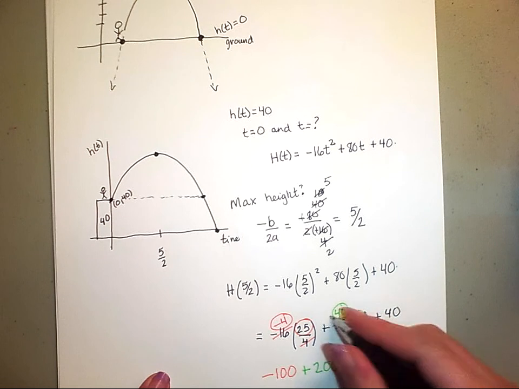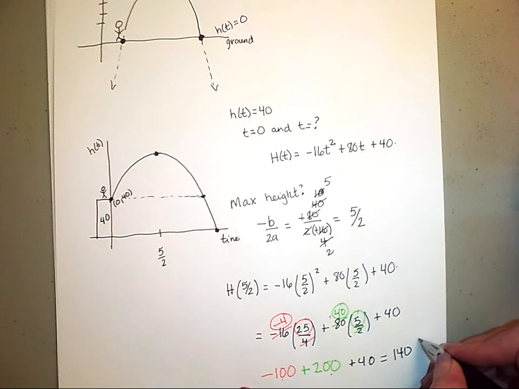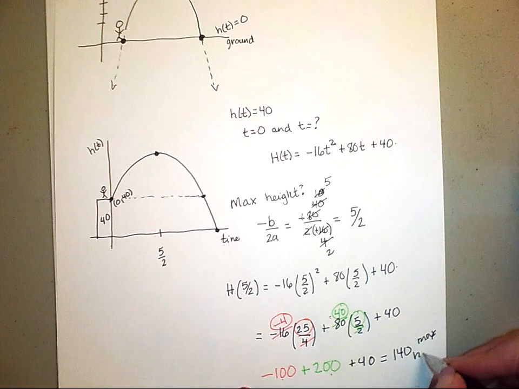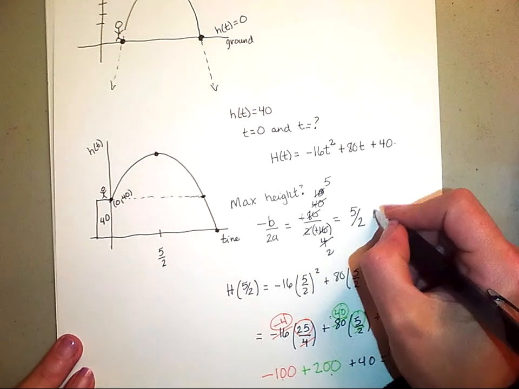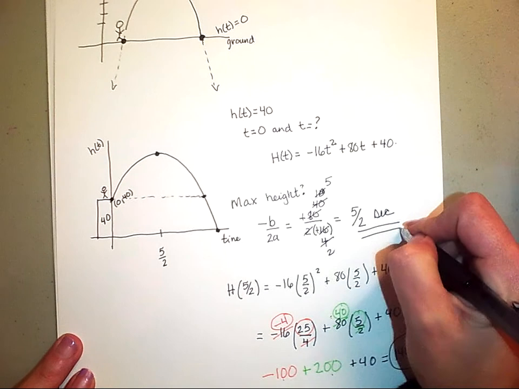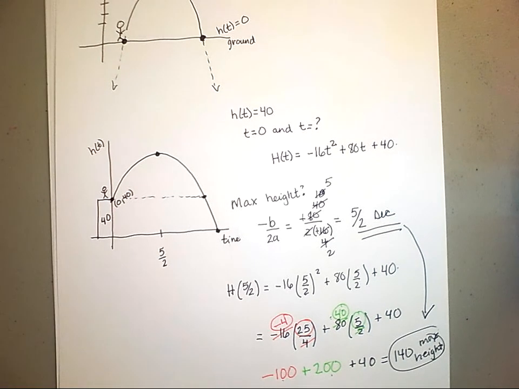And then plus 40. So that's 100. Okay. So this is 140. This is the max height. Okay, so this is 2.5 seconds. That's when the ball reaches the maximum height of 140.